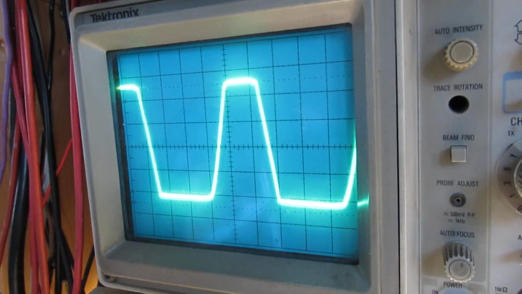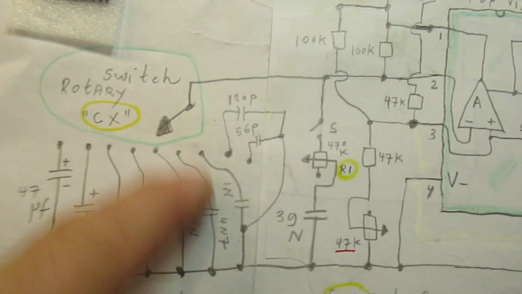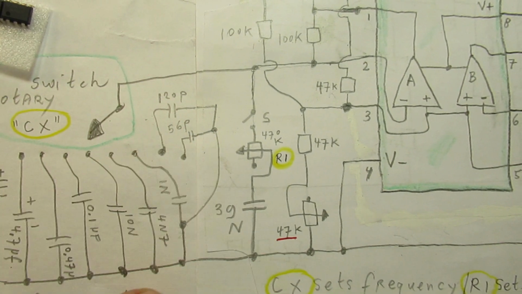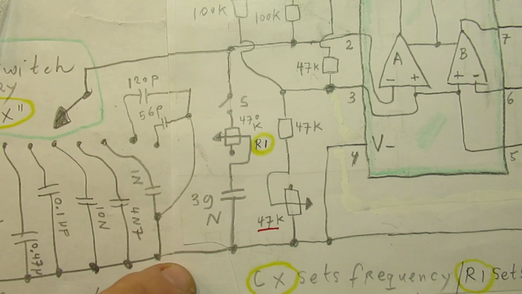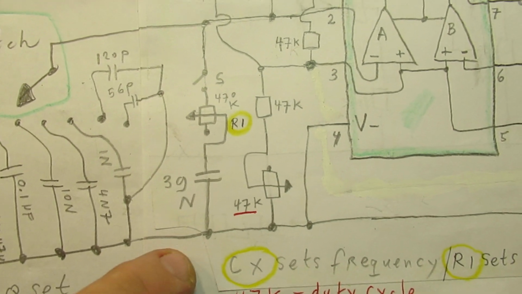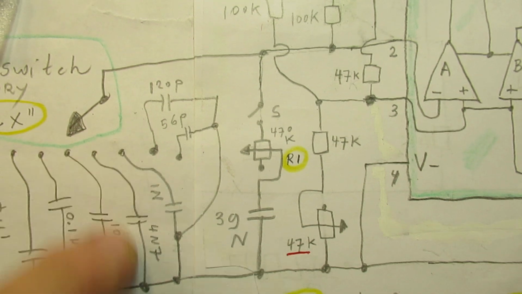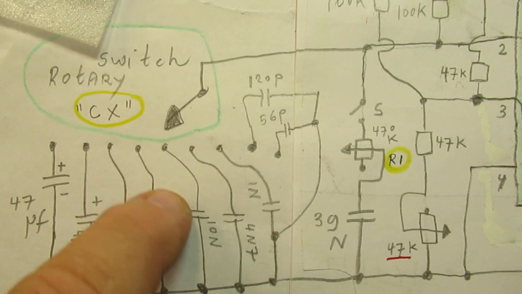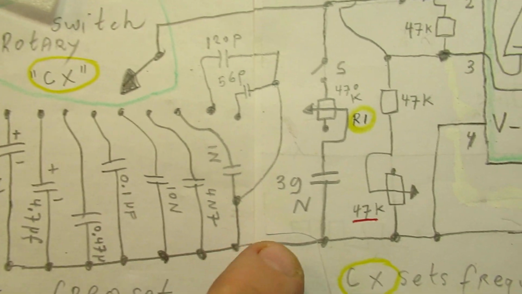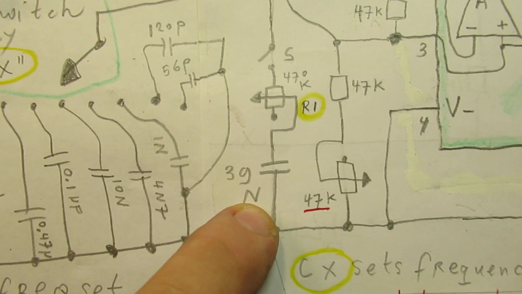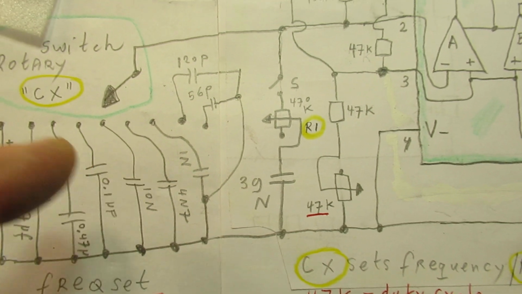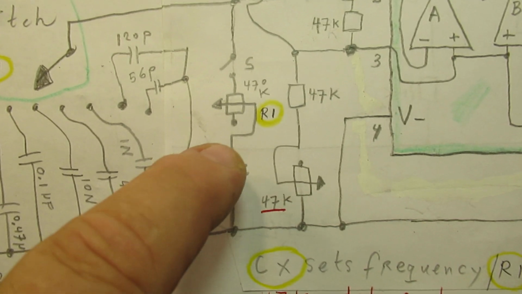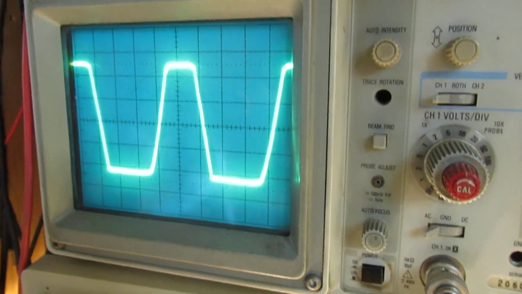Now I turn this potentiometer here in the circuit. It bridges the frequency dependent capacitor in a primitive way. So you are slowly adding to the value to which the rotary switch is set, slowly adding 39 nanofarad. Anyway, I think it's okay.